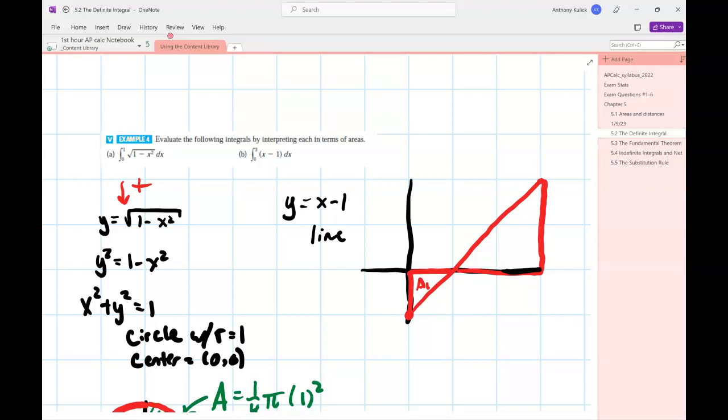So I have that, right? So I can just do A2 minus A1.